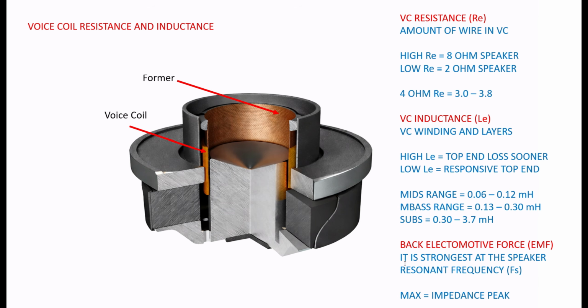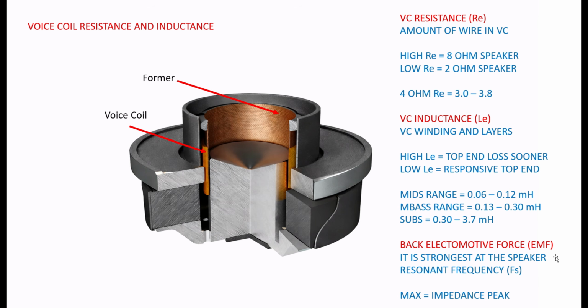The third one is this back electromotive force. As I said, it's the back voltage that's being forced into the speaker by the voice coil acting like a mini generator, right? Now, it is strongest at what we call the speaker's resonant frequency, or FS, right?